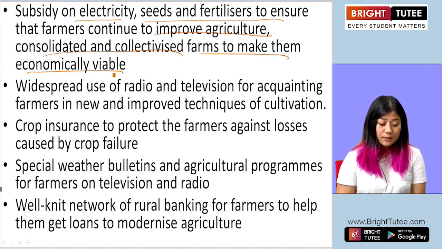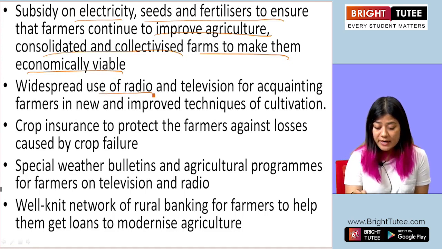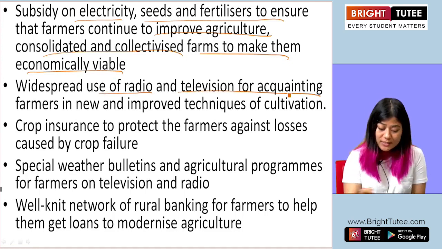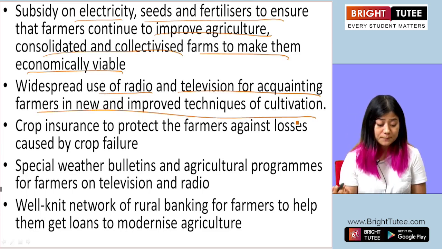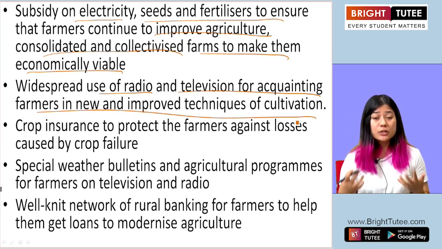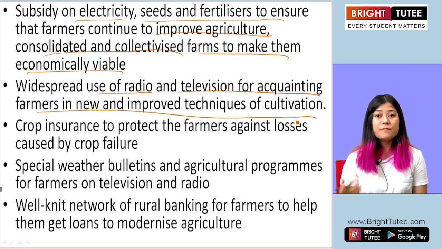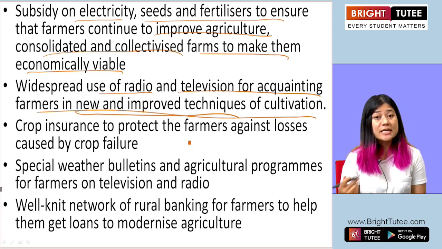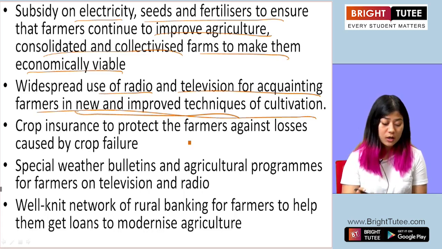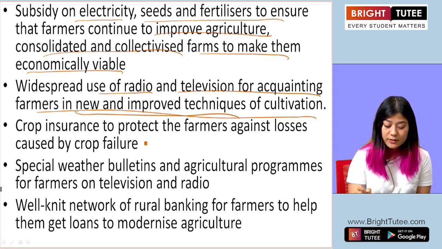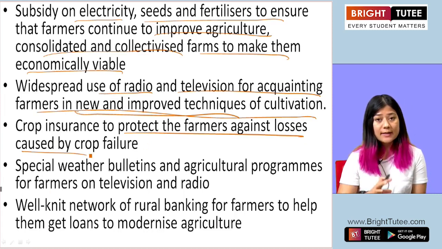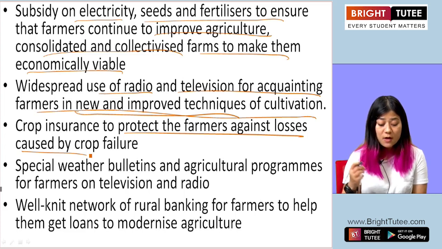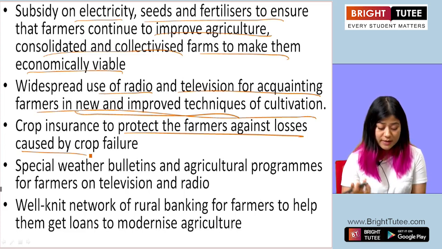Widespread use of radio and television for acquainting farmers with new and improved techniques of cultivation was done. Crop insurance to protect the farmers against losses caused at times of drought and crop failure was also provided.